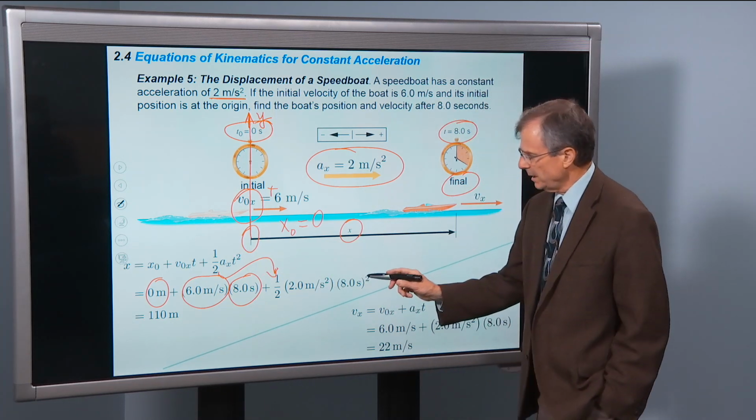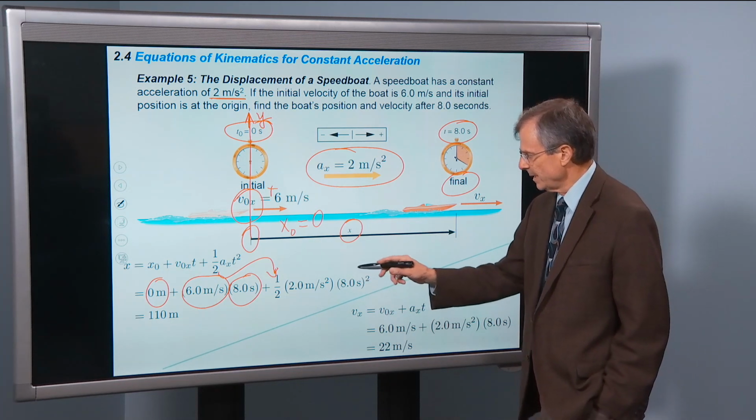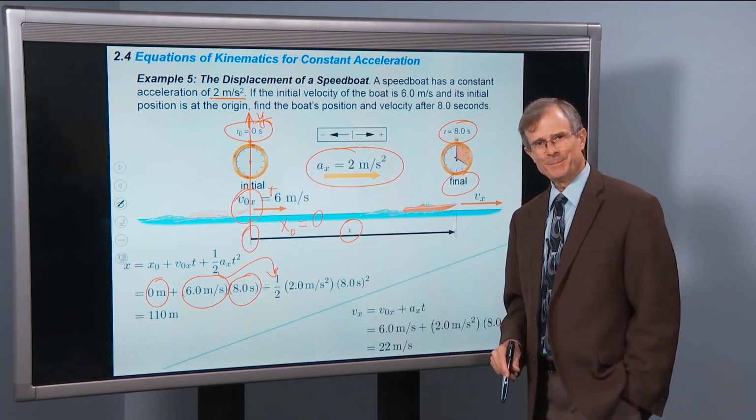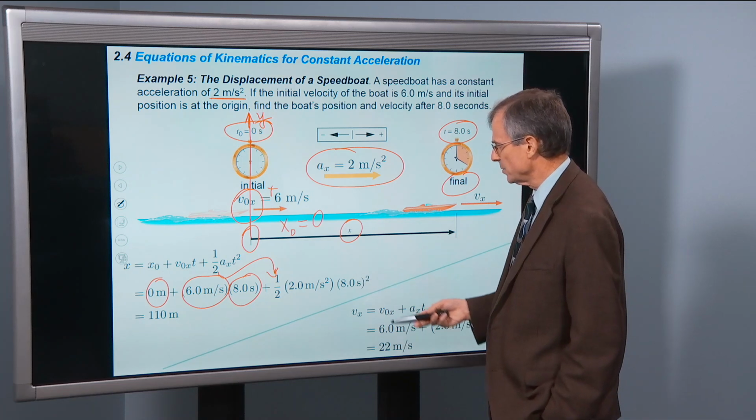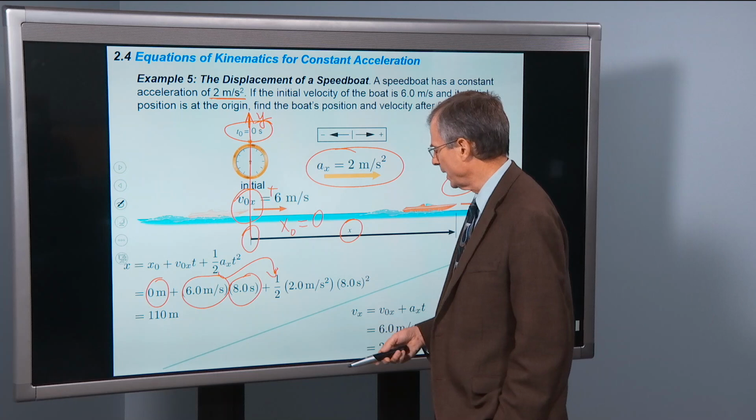And then finally, time squared. It's not time, it's time squared. 8 seconds squared. So 8 times 8 is 64. 2 over 2 is just 1.